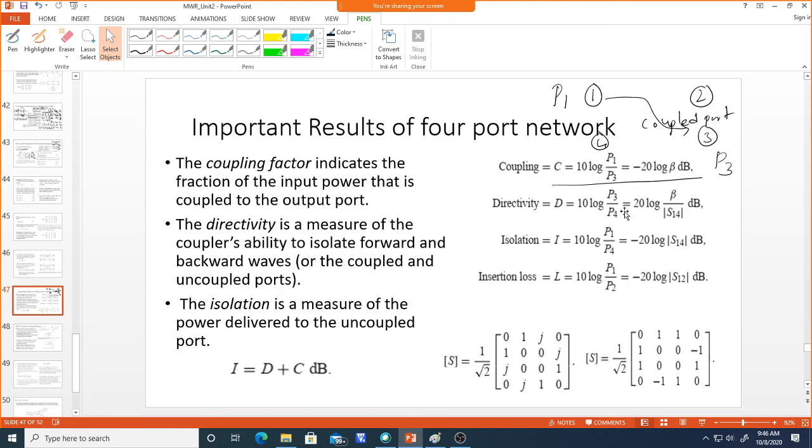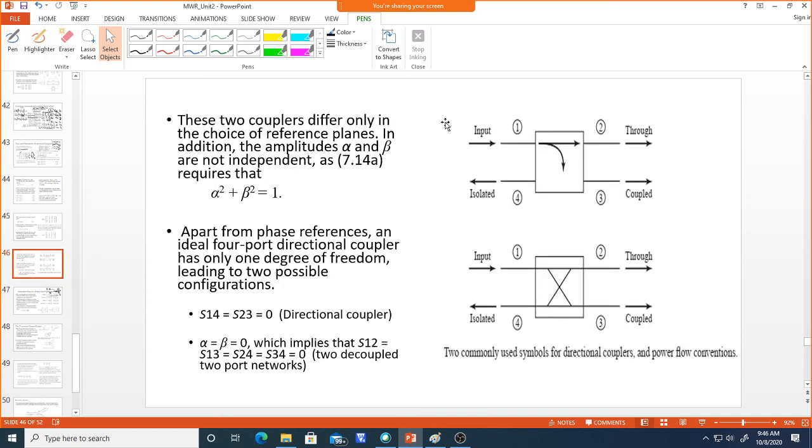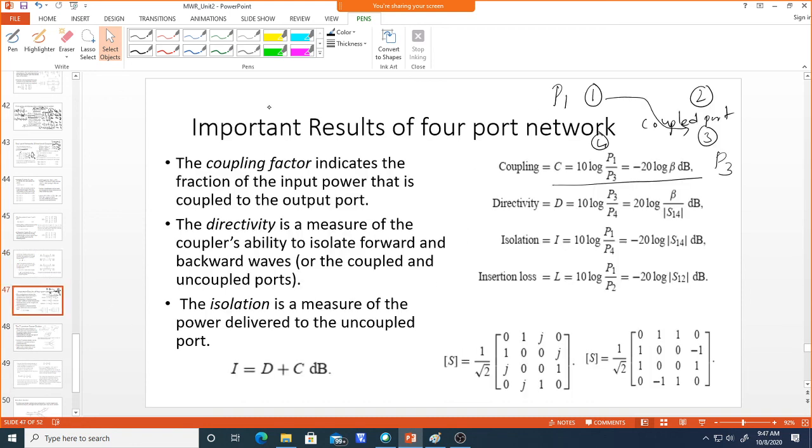That will be defined as P3 by P4, or you can define it as P1 by P2. So that will be given as beta by S14. Why is it given as S14? If the power is fed from port 1, whatever the coupled port has, how much power goes directly from 3 to 4?